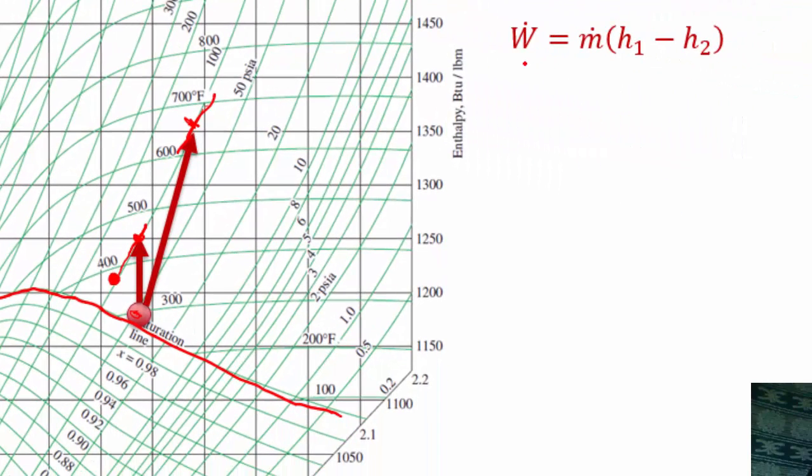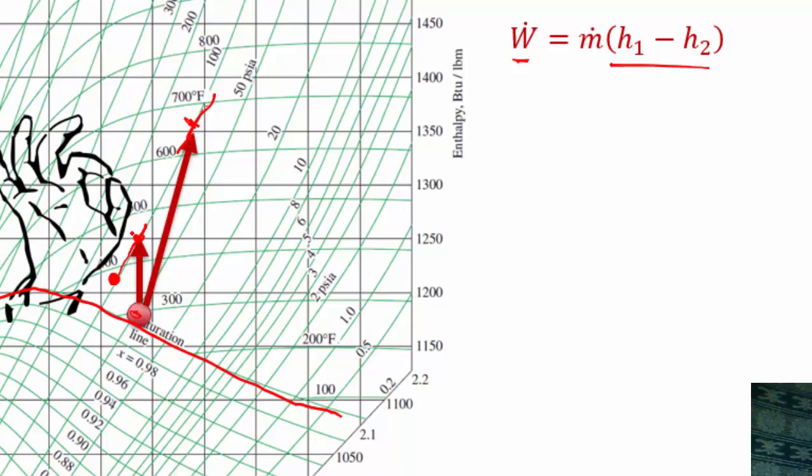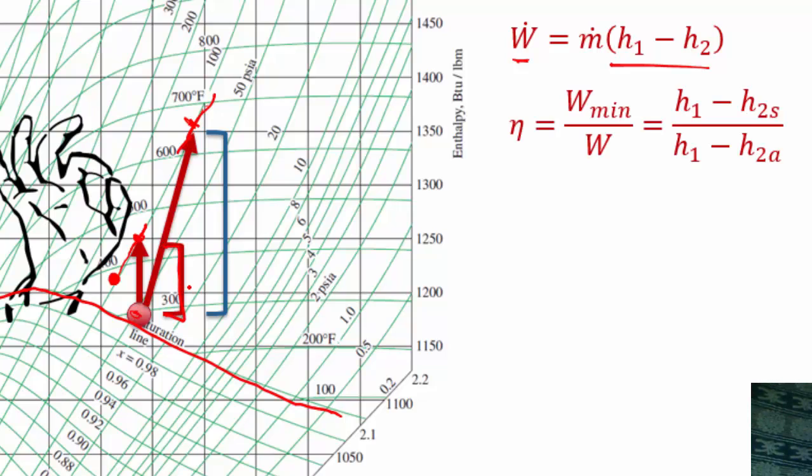So if I look at the energy balance, which says that the work requirement is that change in enthalpy, for the compressor, the perfect compressor actually has a lower input requirement. So remember, the vertical line is the perfect situation. Now if I wanted to find an efficiency, I'll take the ratio of the perfect amount over the actual amount. So now my efficiency is reversed from what I had before, where now I've got the minimum work requirement over the actual work requirement.